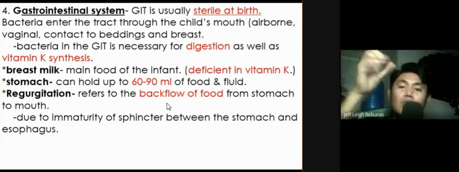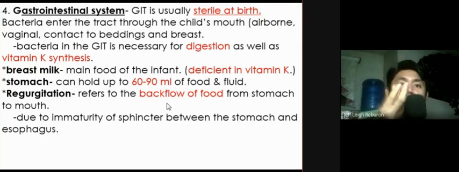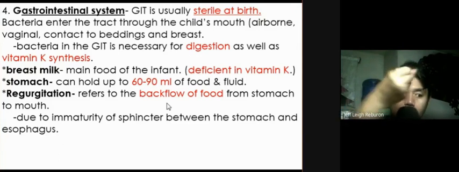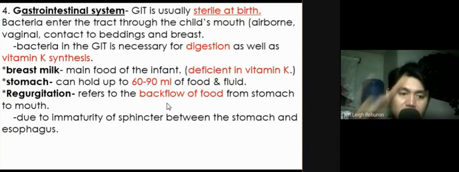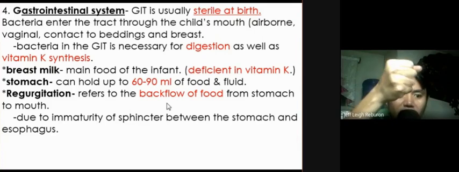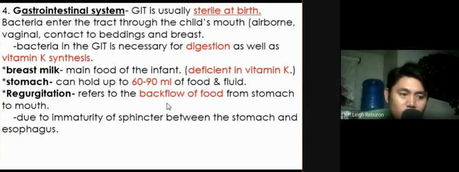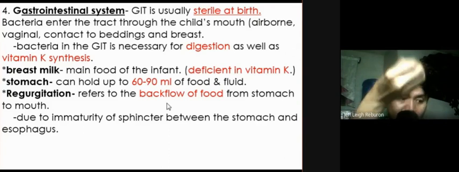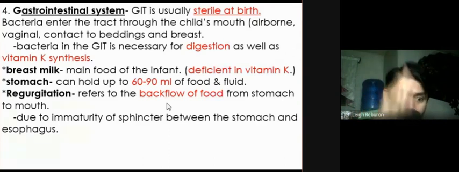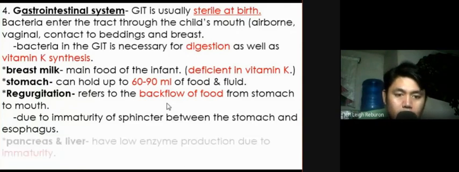Okay? Before it reaches the stomach. So yung sphincter na yon, immature pa lang po. So dahil sa immature pa lang siya, pag nag-open, talagang naka-open siya. Kaya mabilis mag-regurgitate po ng food from the stomach to the esophagus.